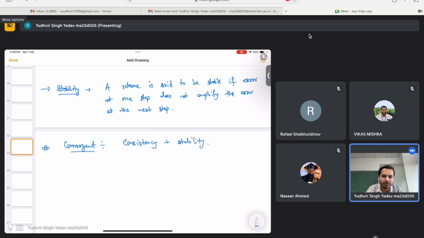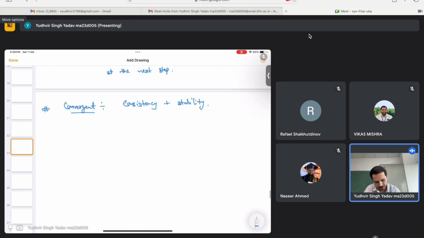If a scheme is both consistent and stable, then only we can say the given scheme is convergent, and it will converge to the correct answer or the exact solution. So whenever we derive any scheme, we first need to check its consistency and stability. Along both of these, we will say the given scheme is convergent.